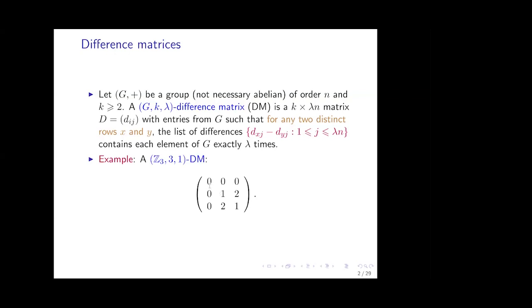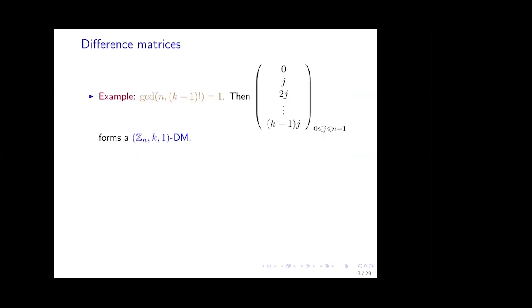First, in the first row, all of the elements are 0. And if in the second row the element is x, then in the third row the element is 2 times x. Actually, this simple observation can be generalized to a more general example like this.